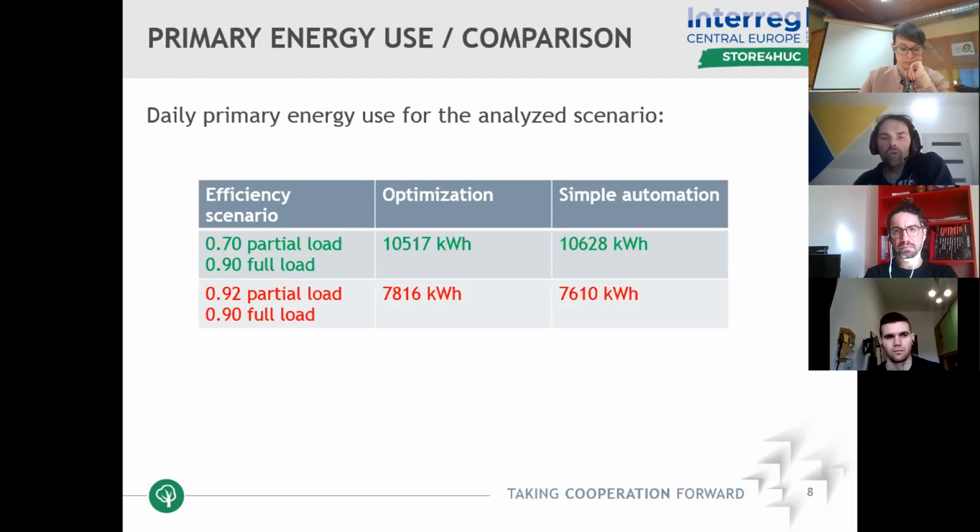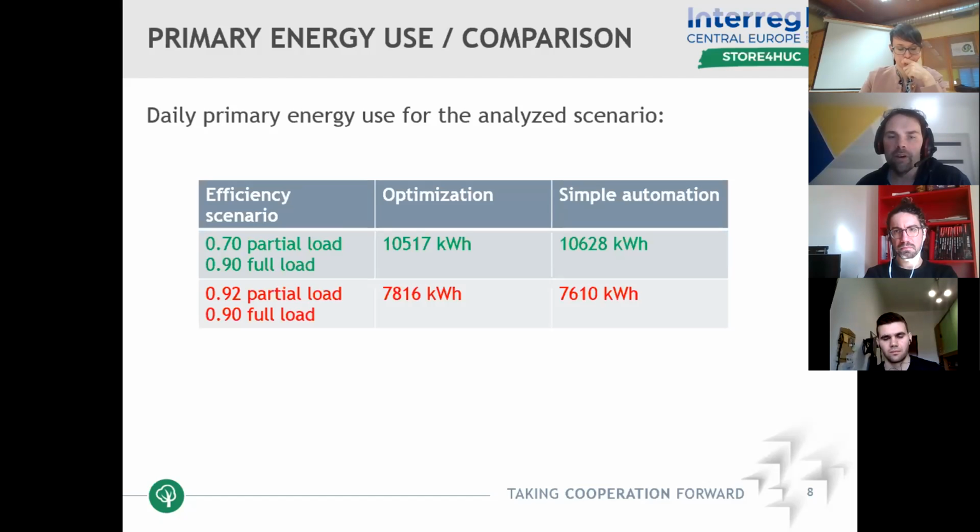And what you may see are the daily primary energy uses, again, for the example of this particular demand profile I was showing you before.